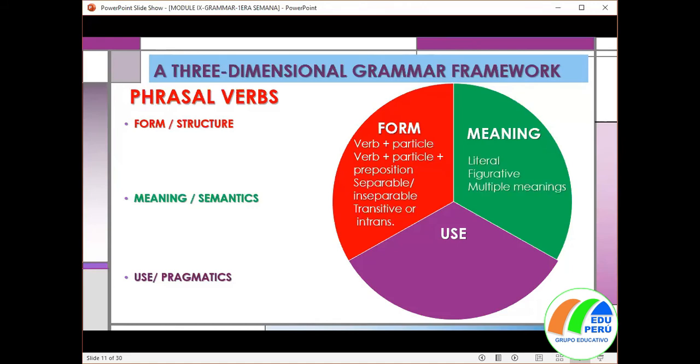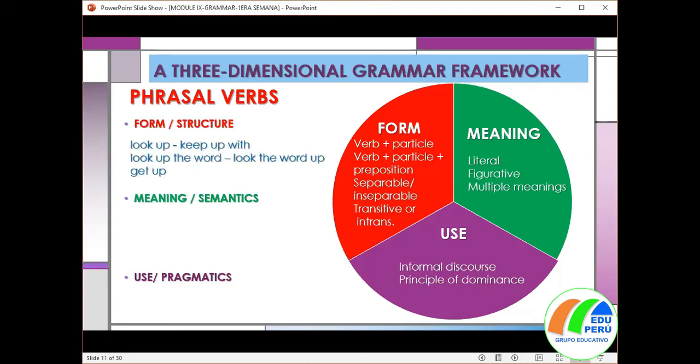Then the meaning. We have a literal meaning and a figurative meaning, and also multiple meanings of a phrasal verb. And finally, in the use, we use informal discourse. So let's talk about each one. For example, in the form, we have look up, a verb plus a particle.